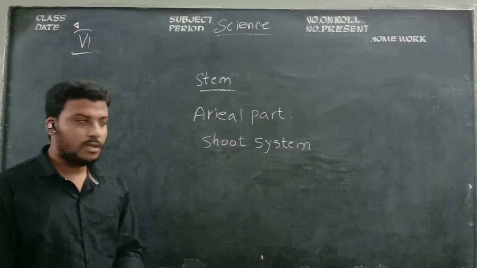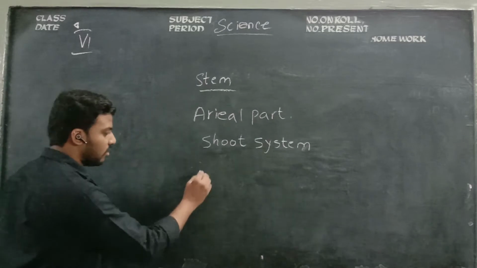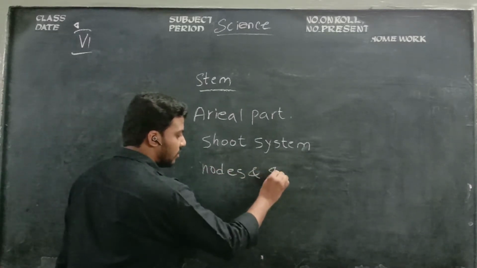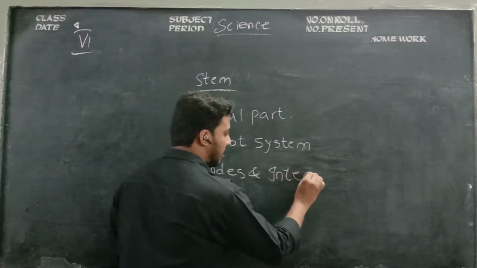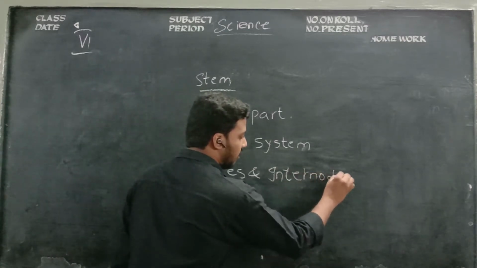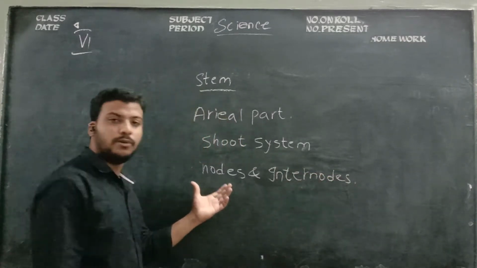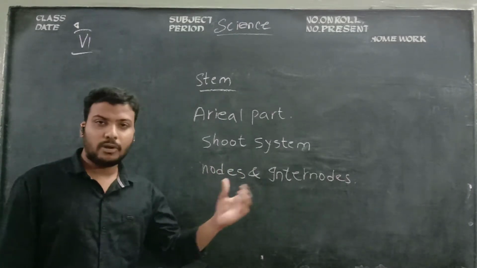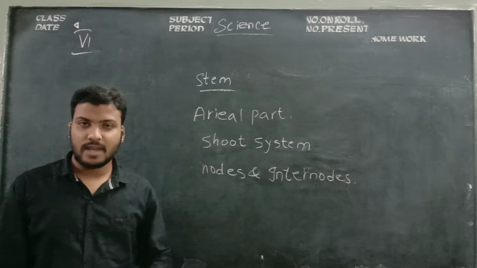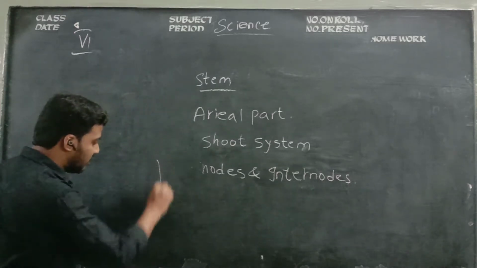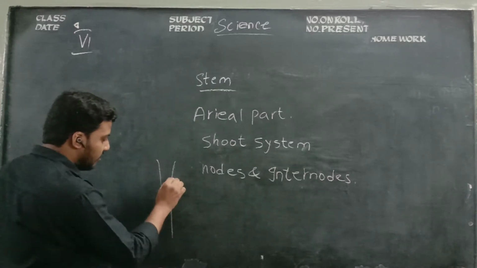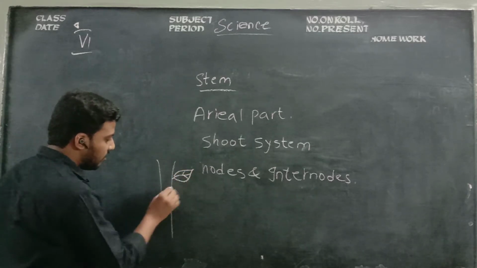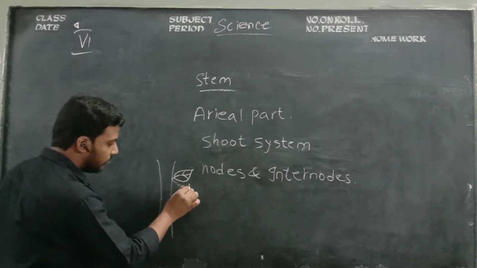and it grows towards the sun. And it has two systems, that is nodes and internodes. What are nodes? Nodes are parts of a stem, children. A node is a part of a stem where the leaf arises. Suppose this is a stem and this is the node, from here itself the leaf arises. So this part is the node.